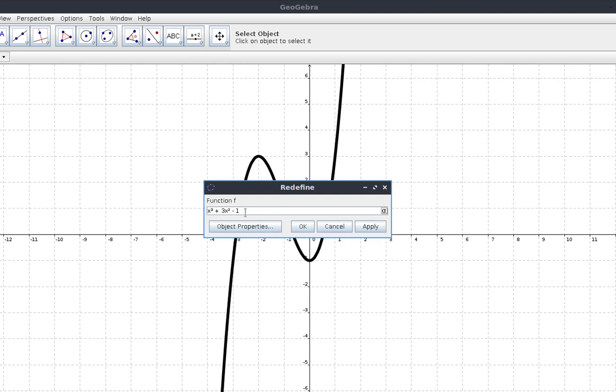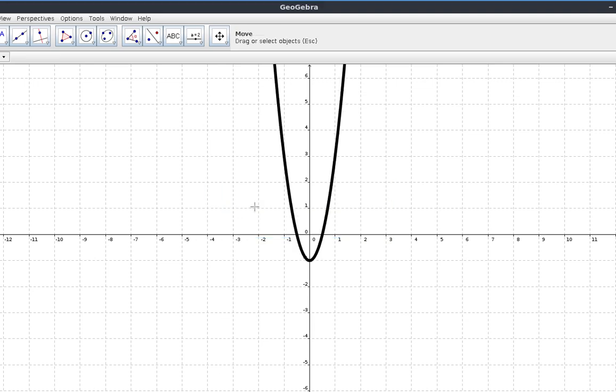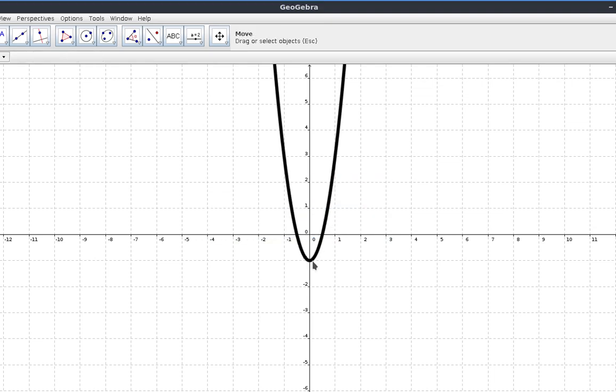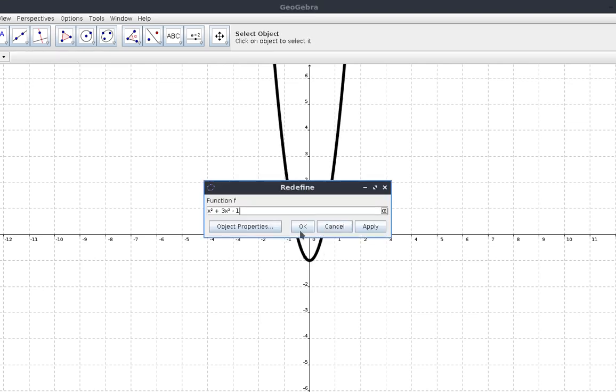If you have another case, suppose I put this back as squared, then in this case what you have is an absolute minimum because it's quadratic and there are no points that are lower than it.